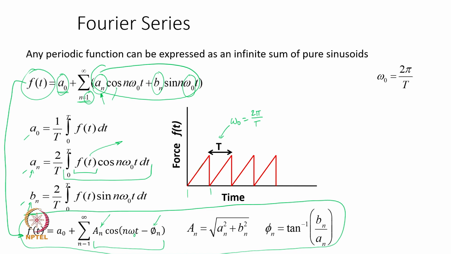Now, the question is, if I want to evaluate these coefficients, I need to capture f of t in a mathematical form, so that I can integrate this expression. That can be obtained by looking at your function. So, what is our function here? It is this sawtooth function.